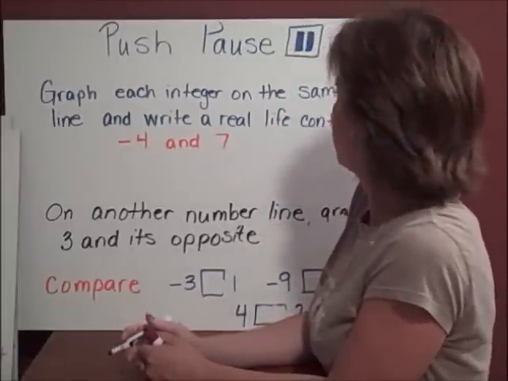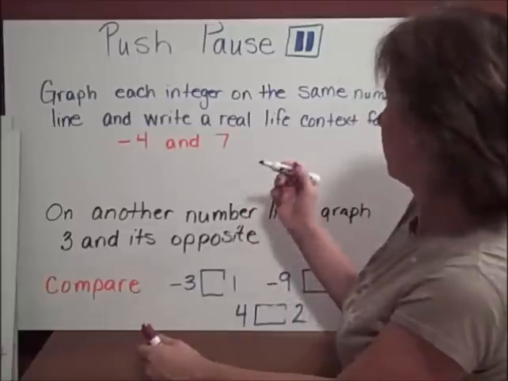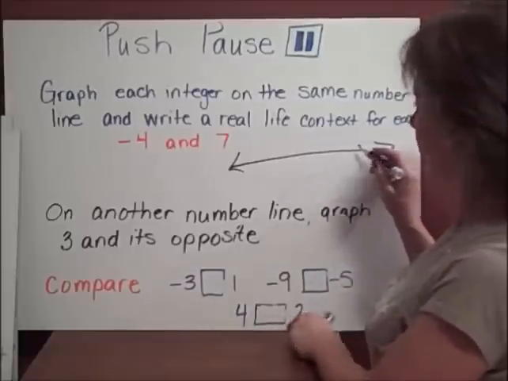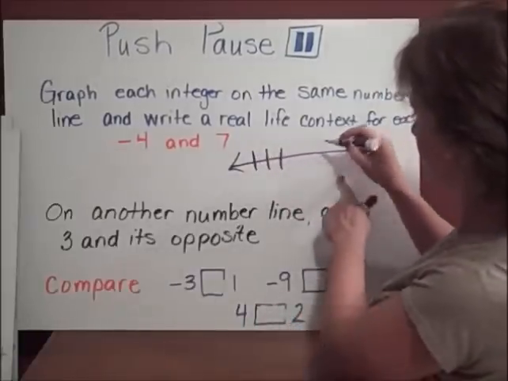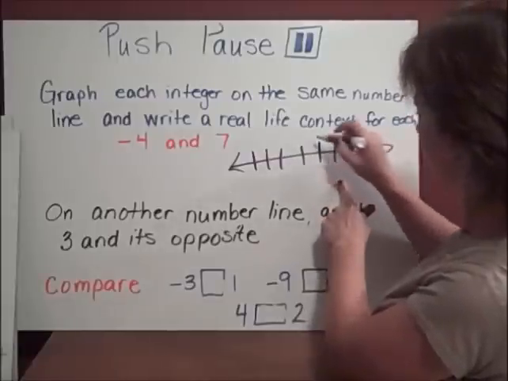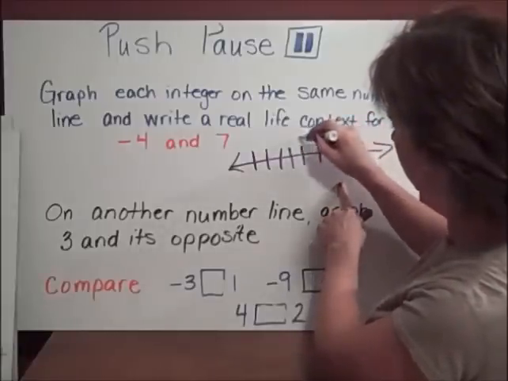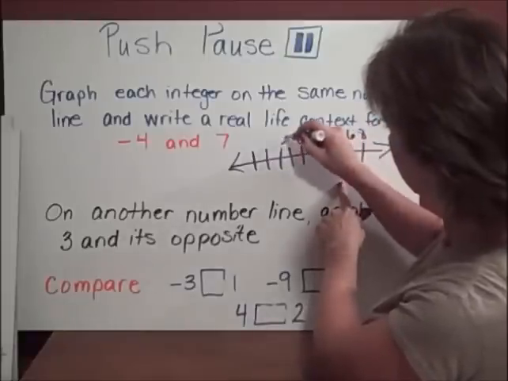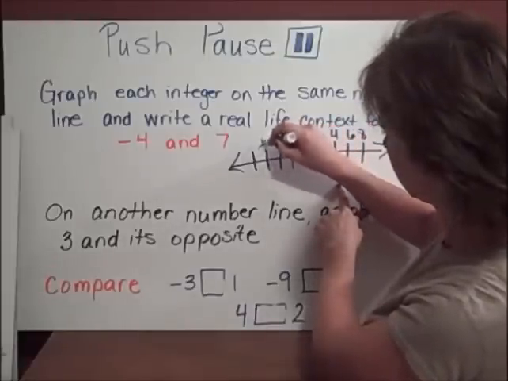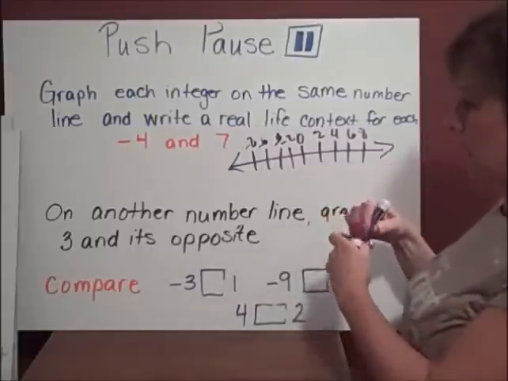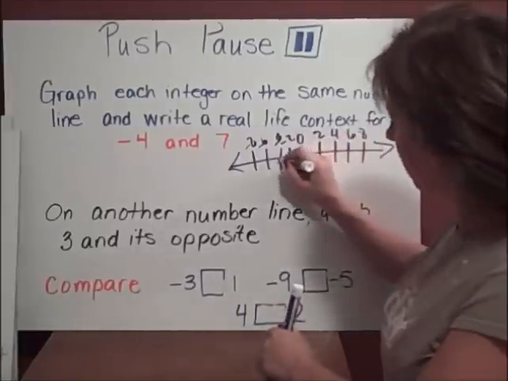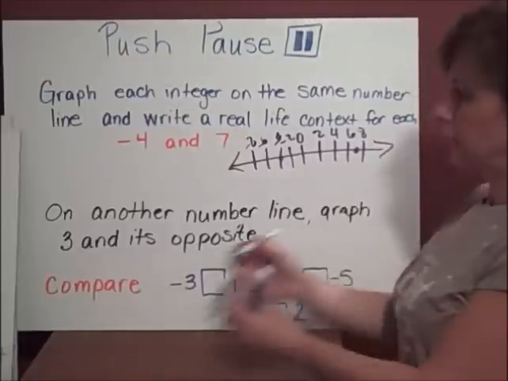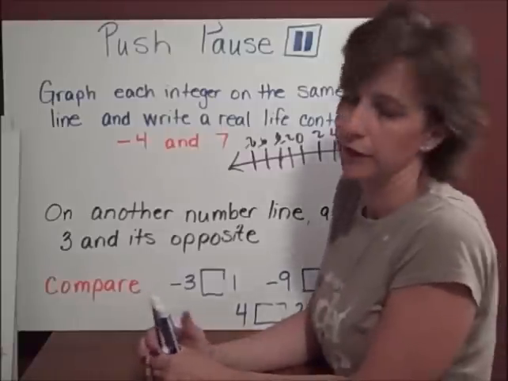If you had to graph each integer on the same number line and write a real-life context for each, your number line may have looked something like this. And you graphed -4, and you graphed 7. Then you wrote a real-life context for each.